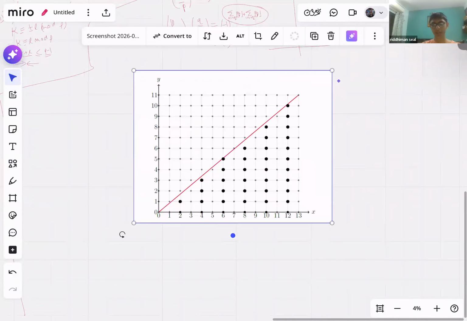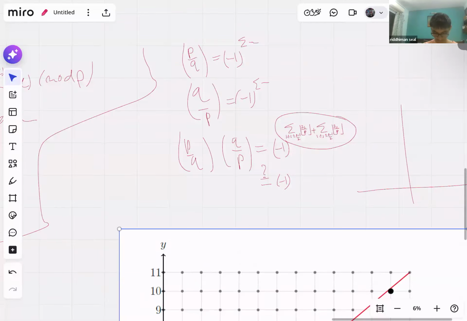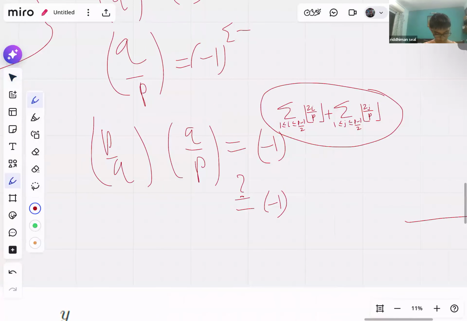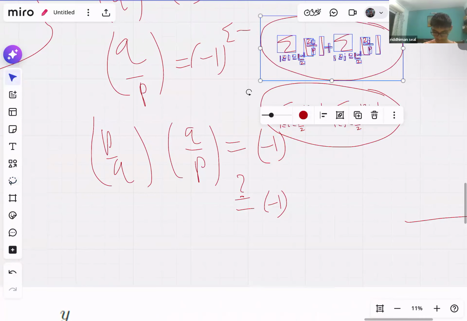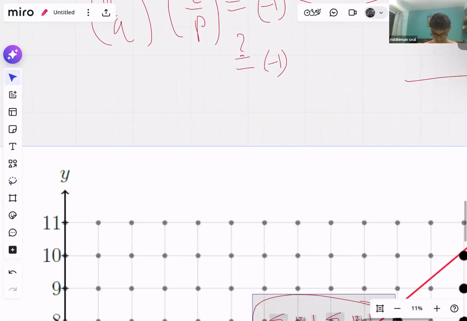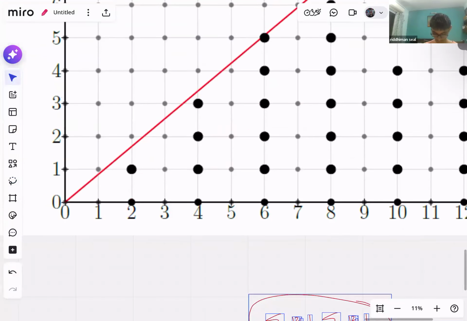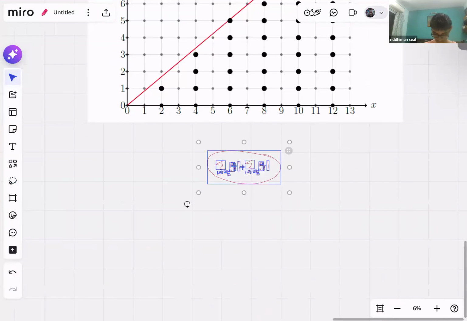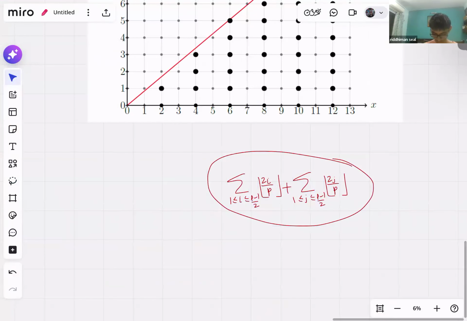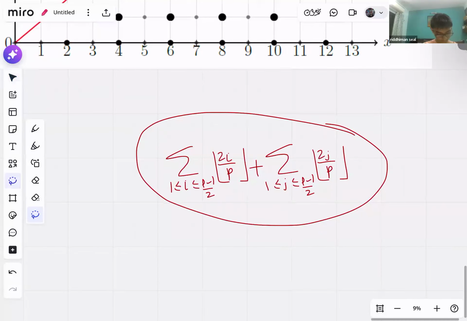Okay, yeah. The idea is that we think in terms of this coordinate axis, because this summation here, maybe I'll just expand this a bit. Yeah, this summation here, or maybe we just remove this guy.